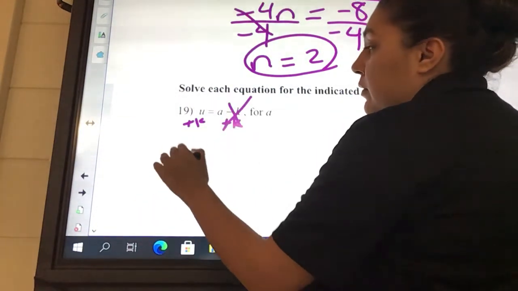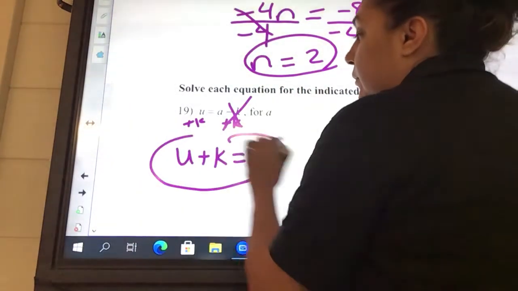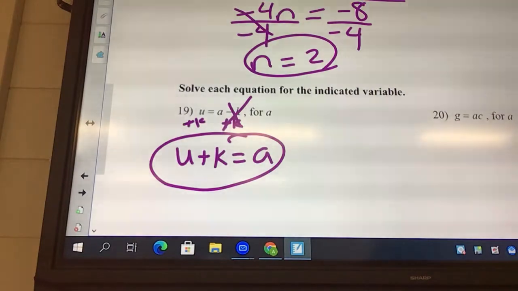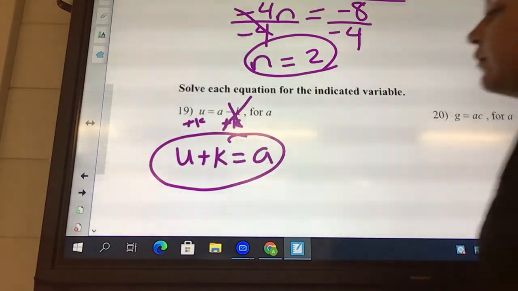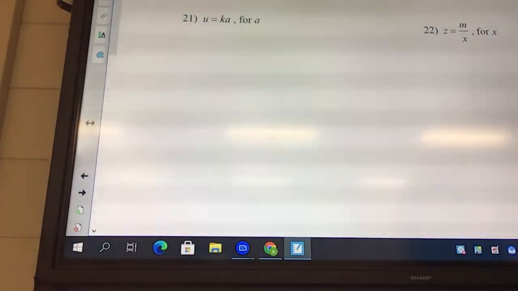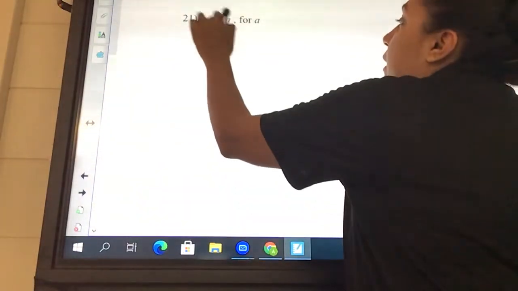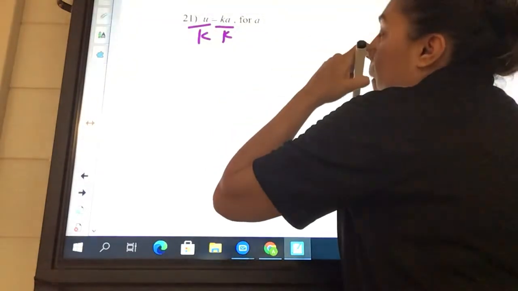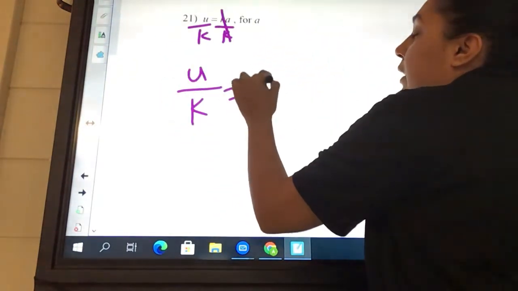So those cancel, so I got U plus K equals A. I'm solving for A, so I'm going to divide by K, divide by K. So I'm going to have U over K equals A.